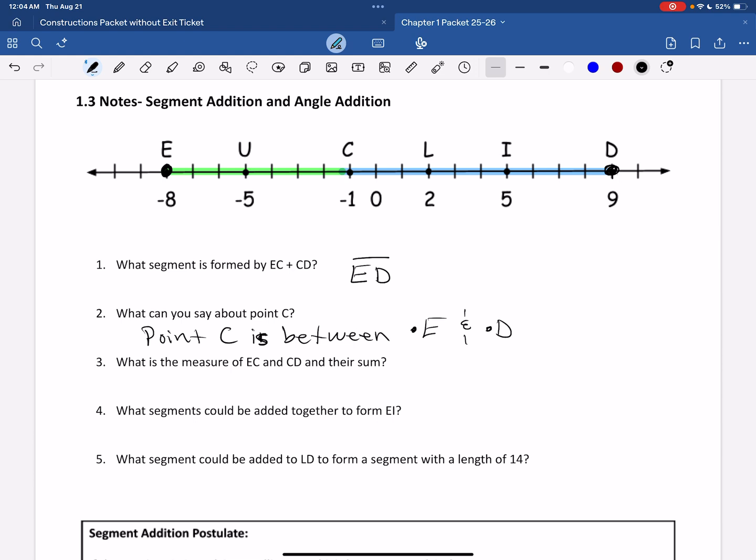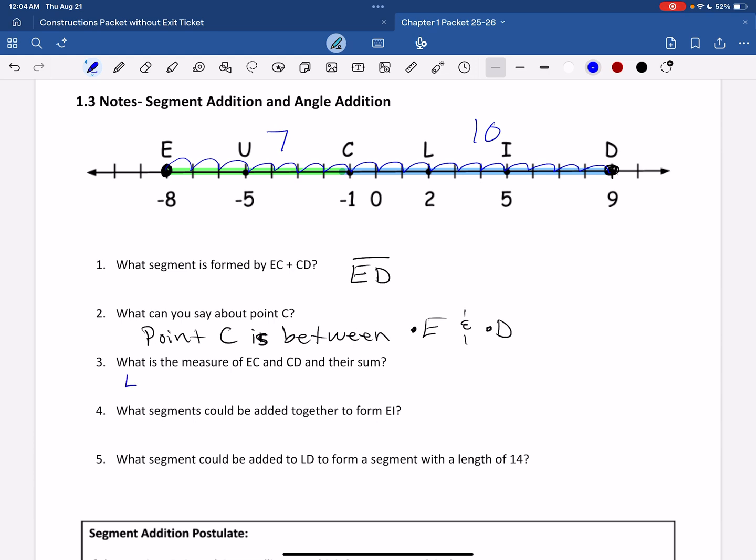All right, so now let's talk about measure. What is the measure of EC and CD and their sum? Well, let's look. EC is 1, 2, 3, 4, 5, 6, 7 units. And CD is 1, 2, 3, 4, 5, 6, 7, 8, 9, 10 units.